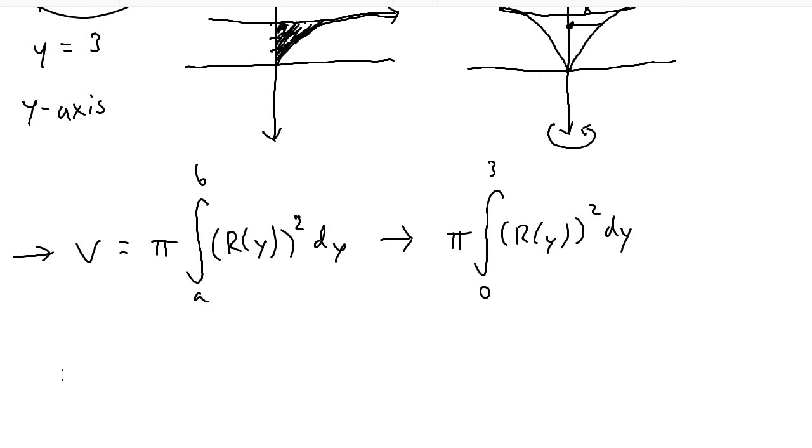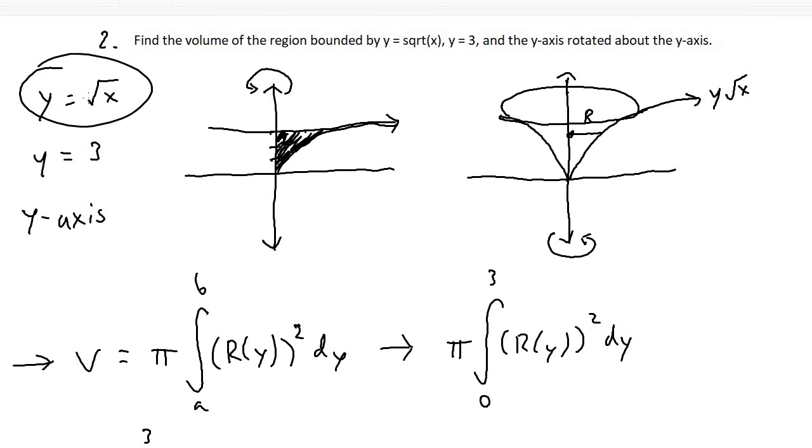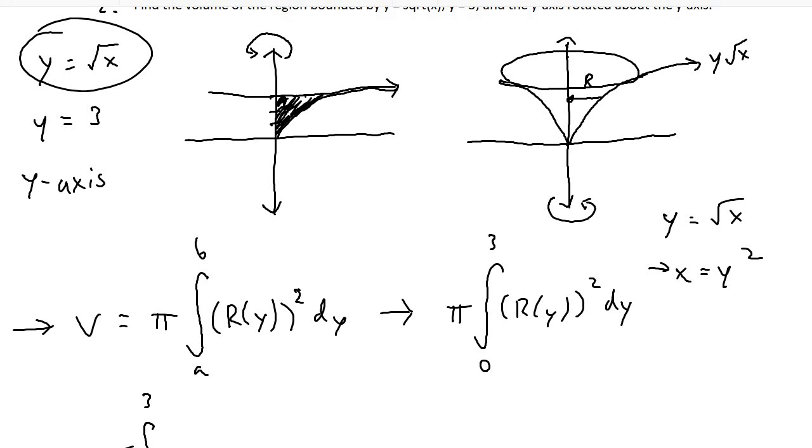If I replace r of y, we get pi times the integral from 0 to 3 of, and remember we have y equals square root of x in terms of x, but since we're rotating around the y-axis, we need to put it in terms of y. To get rid of the radical, we can square it, so x is equal to y squared.